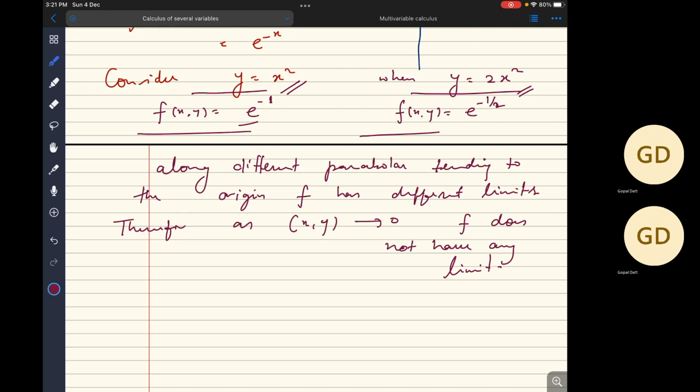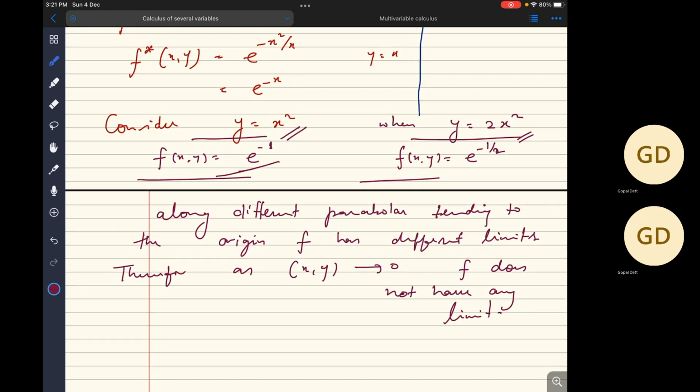It does not have any single, well-defined limit.